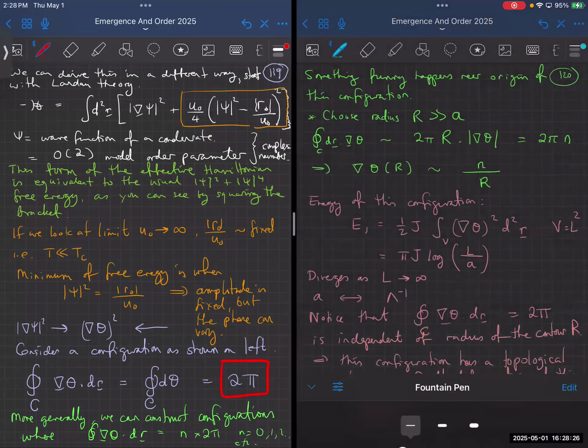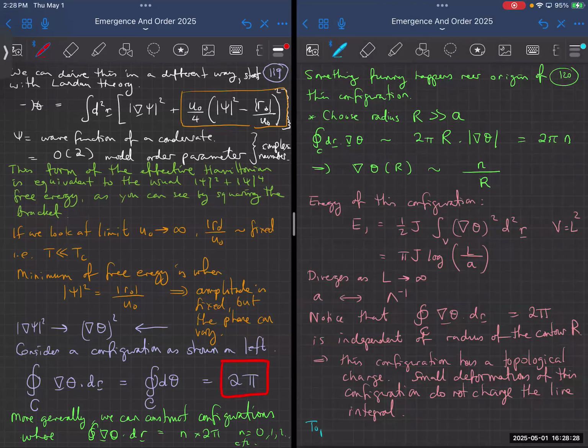So why is it called a topological defect? Well, at the core, the order parameter, in real life, its magnitude goes to 0, so that means it's a defect, and it has a topological quantity that is conserved. It's called a topological defect. So we'll see a little bit more about that in a minute.